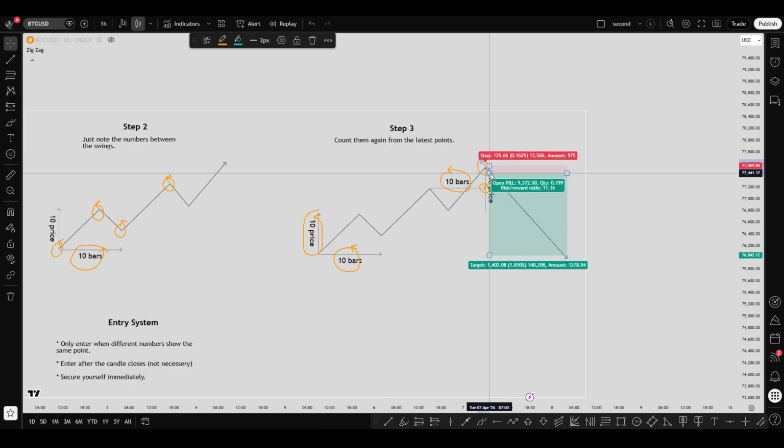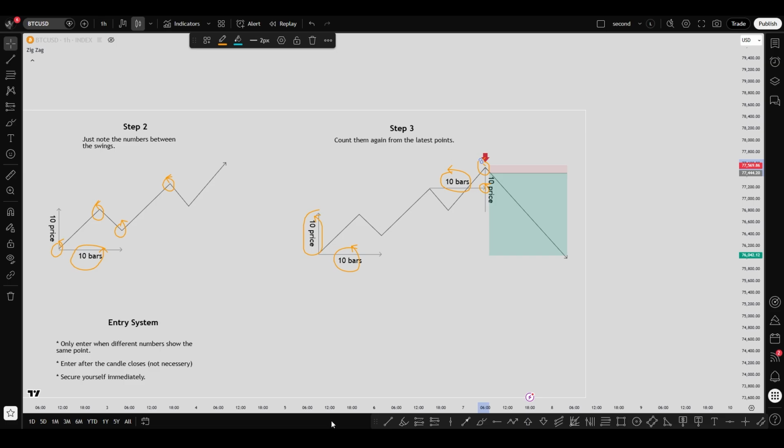So after the bar closes, you get in. But for me, if I am too sure about the trade, by the way, I'm just showing you a little glimpse of what's happening behind the markets. There is so much to learn.